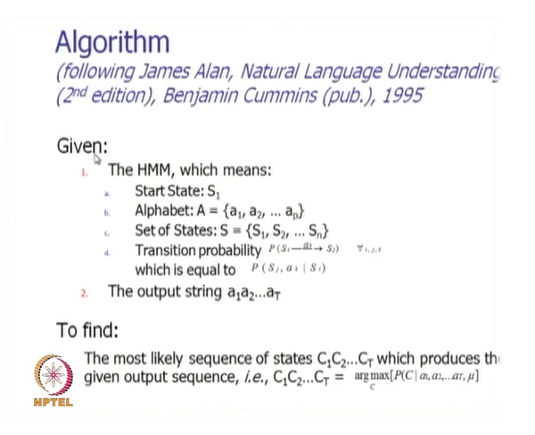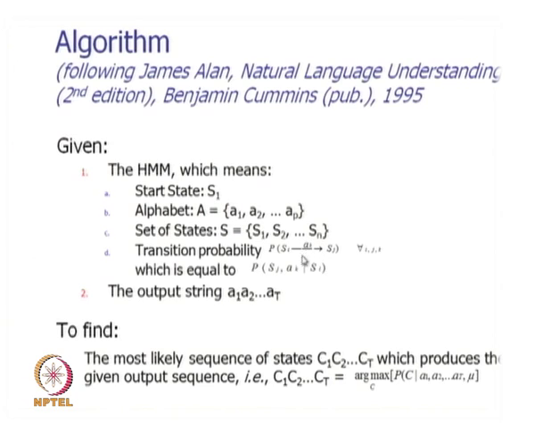What is given to the algorithm is the HMM, which means we are given the start state S1, the alphabet A1, A2, up to Ap, which are the observation symbols, the set of states S1, S2 up to Sn, and the transition probabilities for various state pair and output symbol combinations, which is nothing but P(Si going to Sj on symbol Ak), equal to P(Sj, Ak given Si).